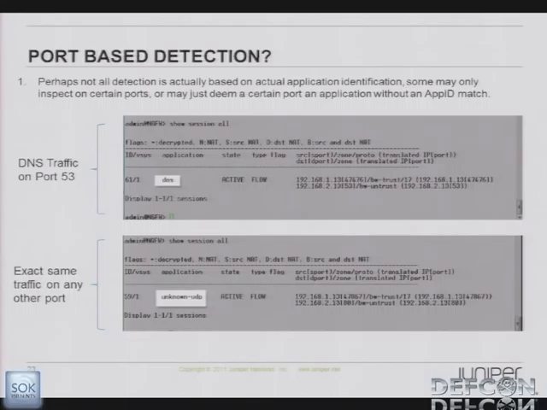DNS is probably an extreme example, because you really ought never to see it on any port besides 53. But it certainly is possible, and if you're evaluating or looking into this technology, making sure that it isn't just doing the inspection based upon the port can be very important. What could potentially be happening is, yeah, they're looking for DNS on port 53, but that may be the only place they're looking for it, and if you're allowing something else out, it could be an issue.